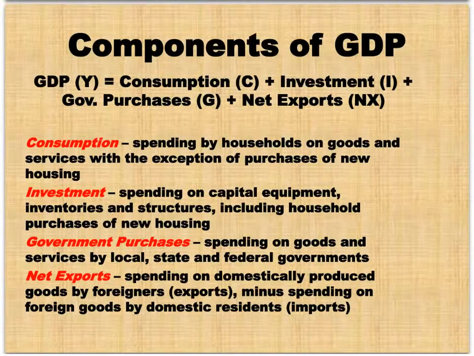When a household buys a used house, that doesn't count at all, but when they buy a new house, we include that. That's the only household purchase we include in the next category, investment. Investment is spending on capital equipment, usually by businesses. They're buying robots, building factories, and a new house is really a piece of capital to provide a household with the service of housing. So we include that.